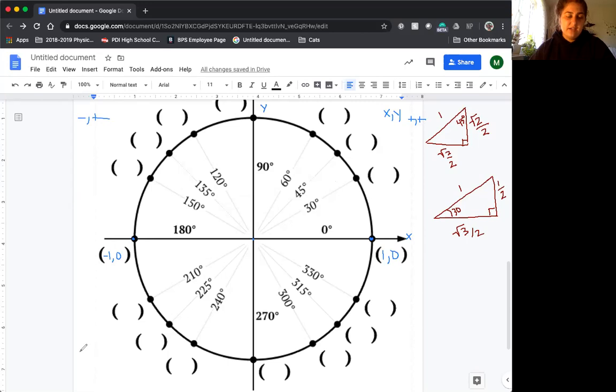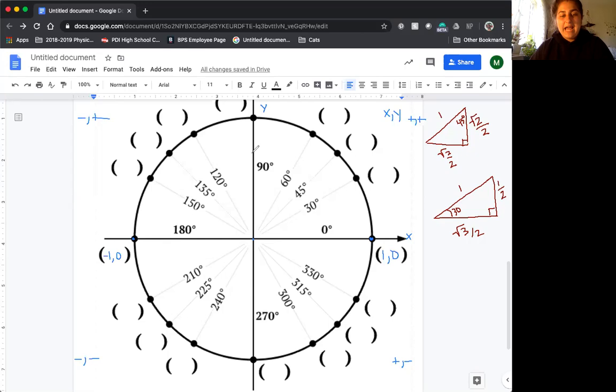Over here is going to be negative, negative, negative x's, negative y's. And over here is going to be positive, negative, because positive x's and negative y's. Okay, so we just filled in 1, comma, 0 because we're 1 unit away and we're 0 units up. And over here, again, we're -1 units away, right? And we are 0 units up.